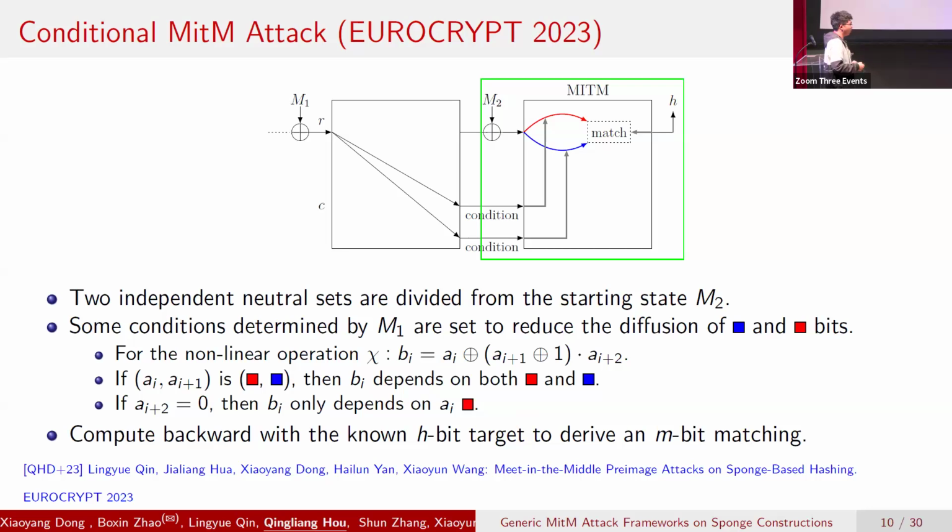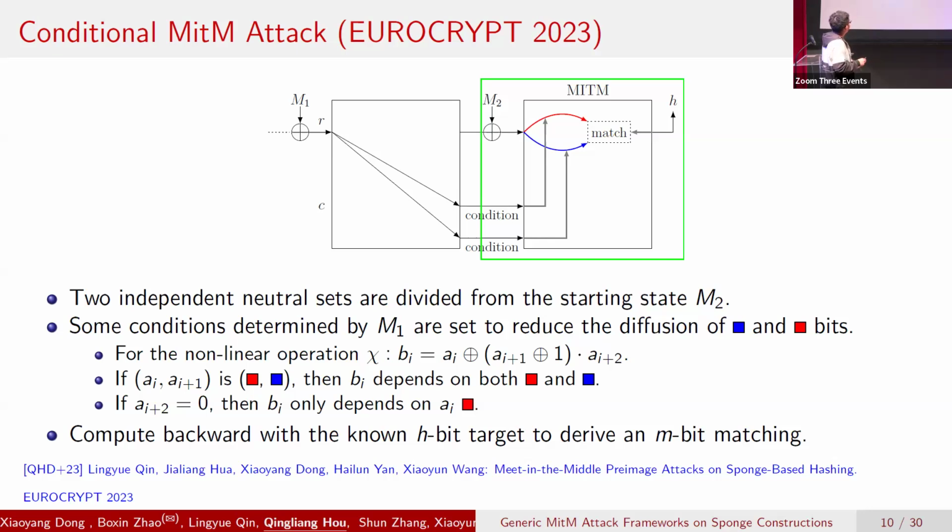This issue was first settled by the conditional meet-in-the-middle attack proposed by Qin at Eurocrypt 2023. In their model, the attack starts at the outer part M2, and the inner part is viewed as constant with some conditions. This condition is determined by M1.